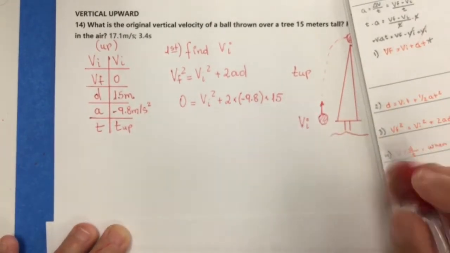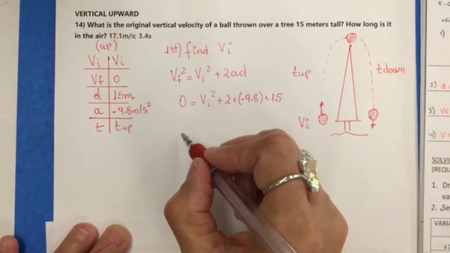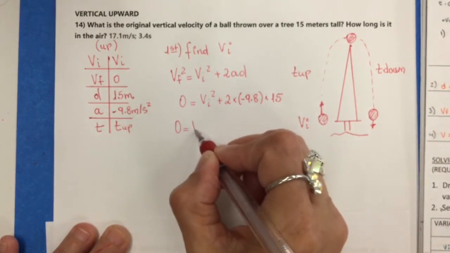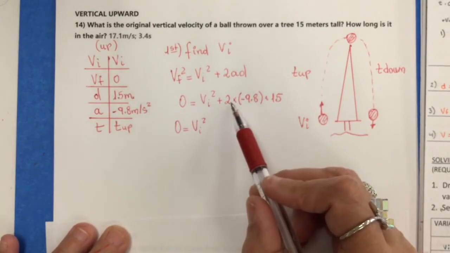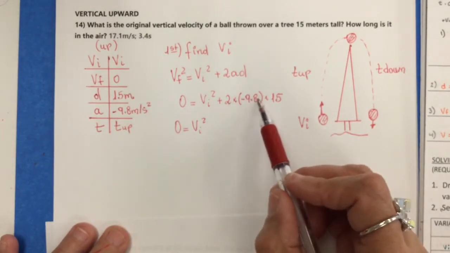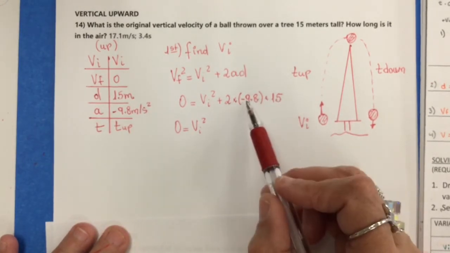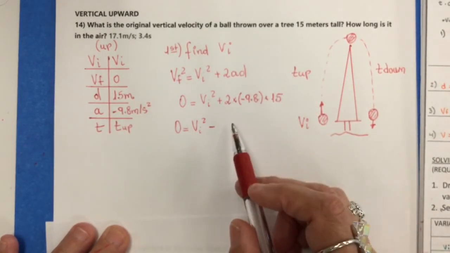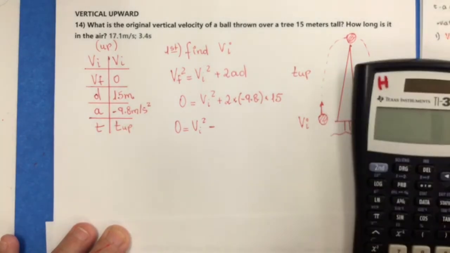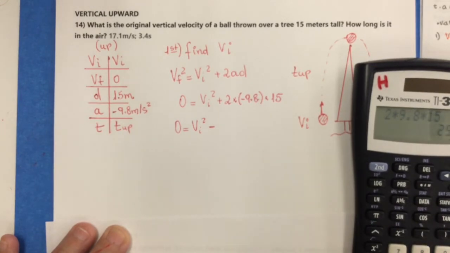So let's rearrange this. 0 is VI squared, and we are multiplying here three numbers: 2 times 9.8 times 15. And 9.8 is negative, so we have a negative number here. Now 2 times 9.8 times 15 is 294.